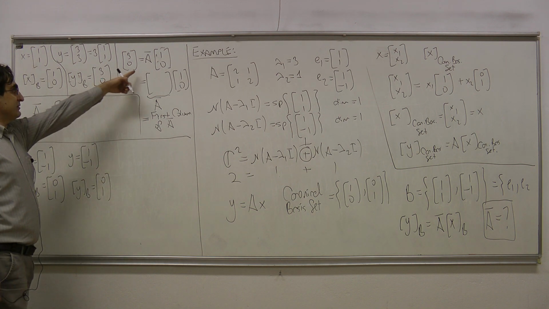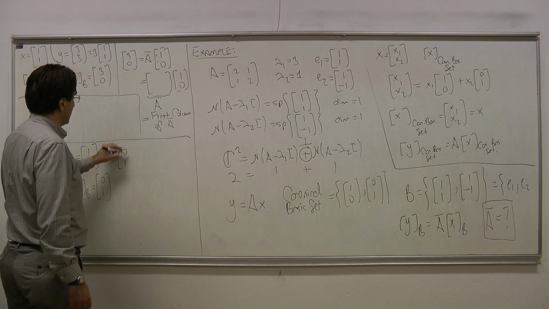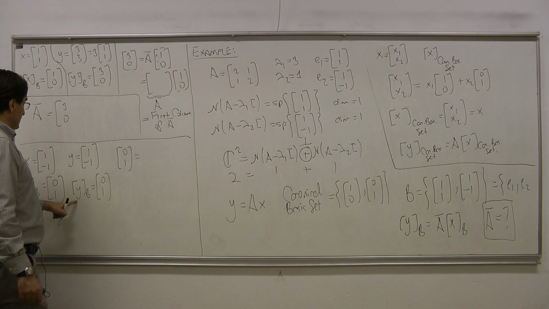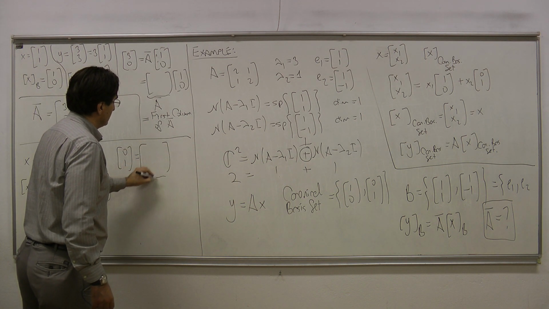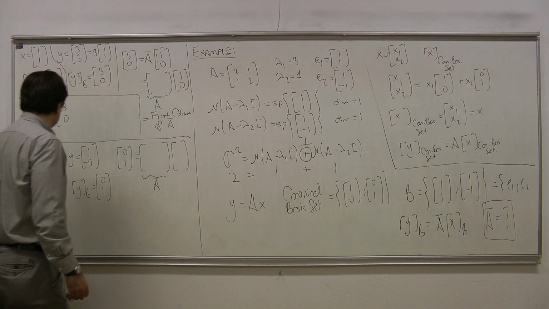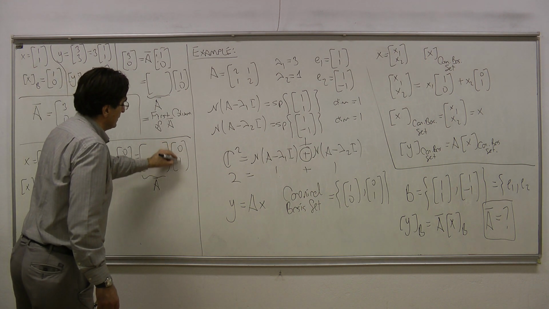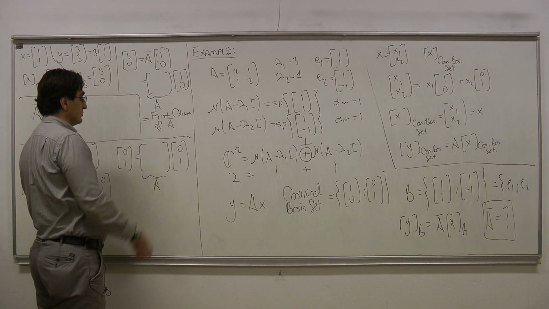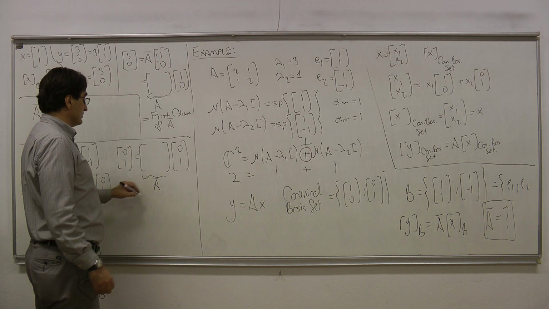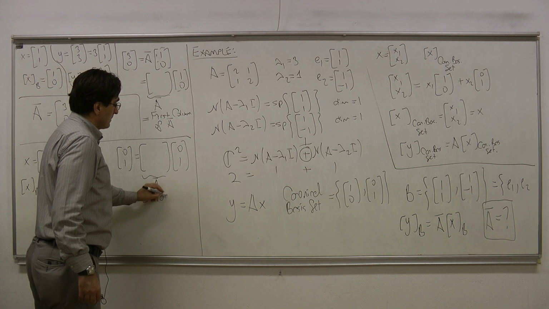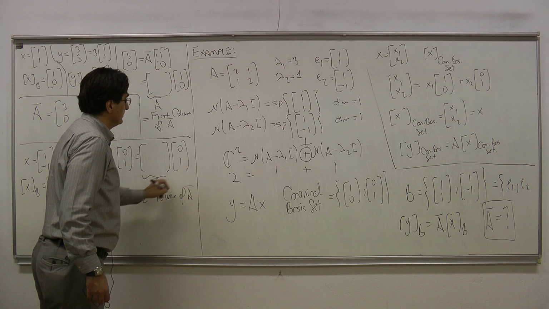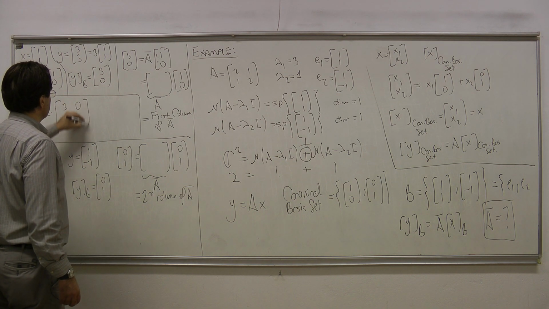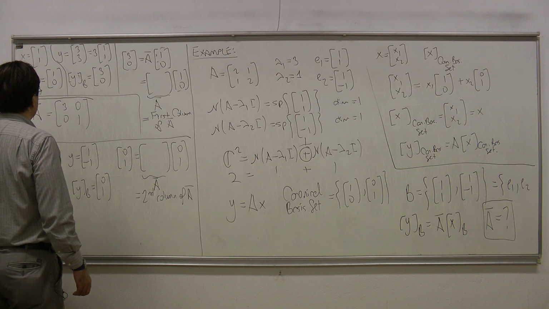When I write this type of equation, I would have y represented with respect to b equal to A bar times x represented with respect to b, which is 0, 1. And we know that this is going to give me the second column of A bar. This matrix-vector multiplication is going to be the second column of A bar. That means my second column has to be 0, 1. So this is our A bar now.